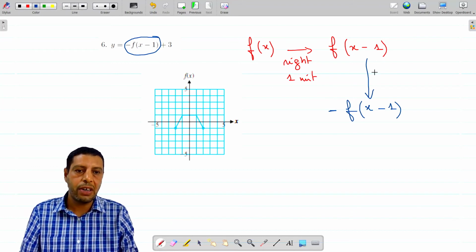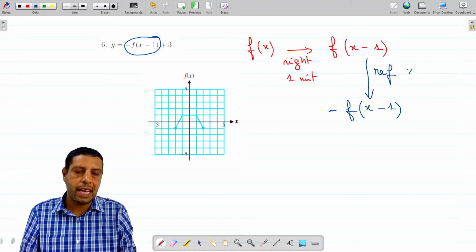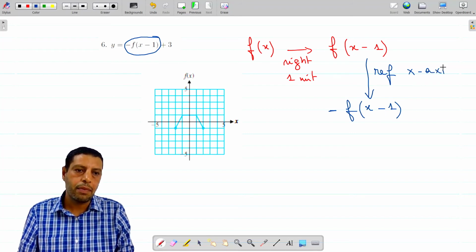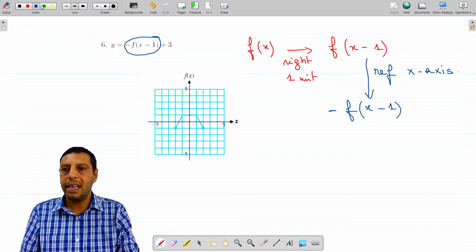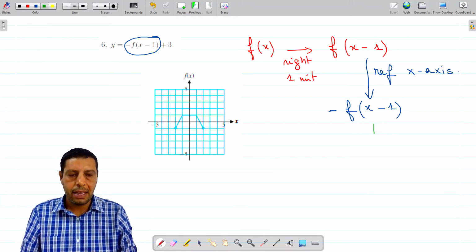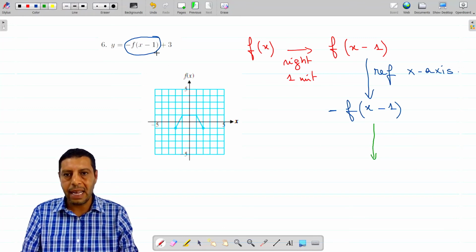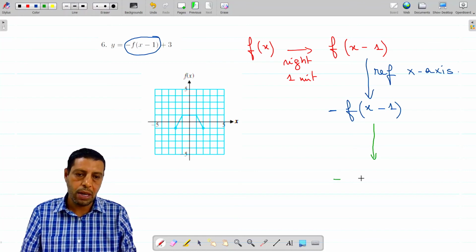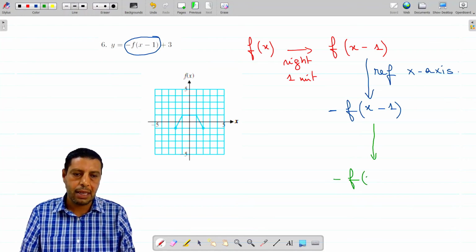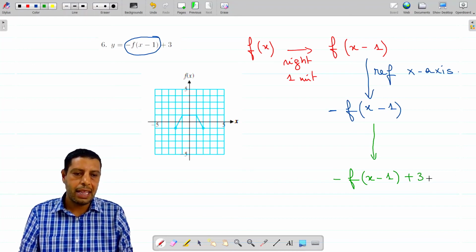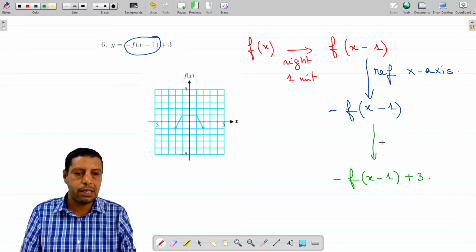And this operation corresponds to a reflection in the x-axis, okay? And finally, we'll apply a +3 for the whole expression obtained previously, okay? So we'll obtain negative f of x minus 1 plus 3. And this operation here corresponds to a shift up 3 units, okay?